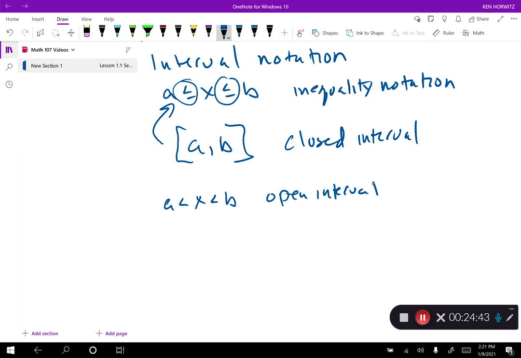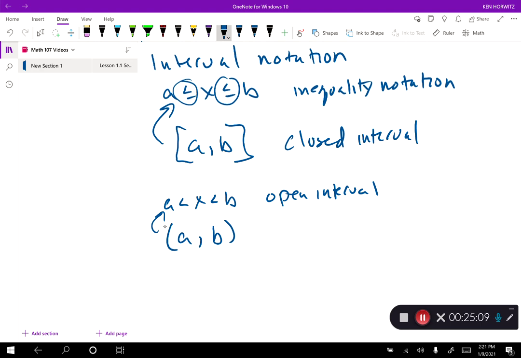And the same thing with b. So we can't use brackets, because if we use brackets, we'll think it's a closed interval. So what we do is we use parentheses. I say parenthesis a, comma b, and this says the same thing that this says. x could get infinitely close to a, infinitely close to b, but not hit them, and it could be any value in between them.